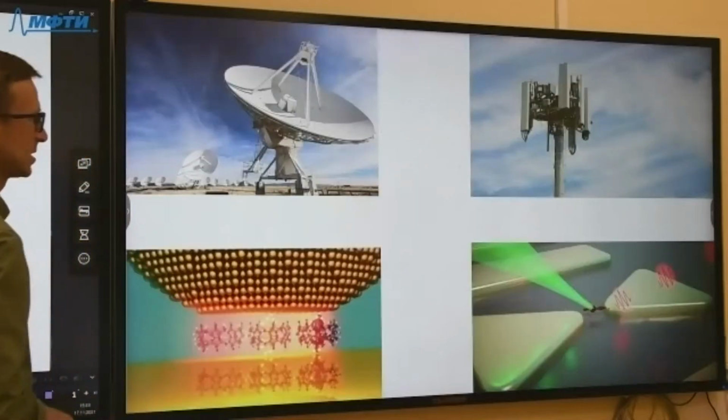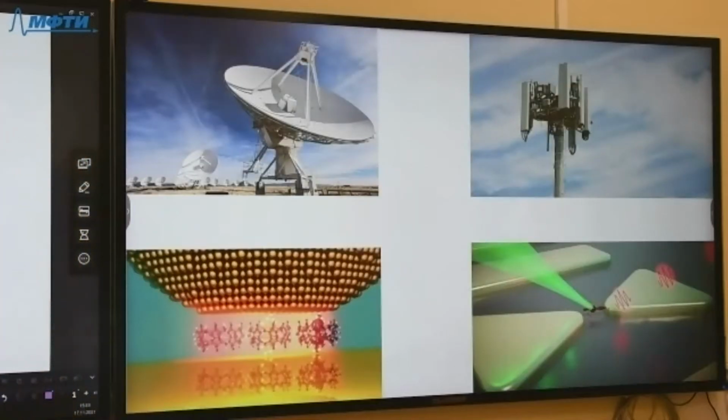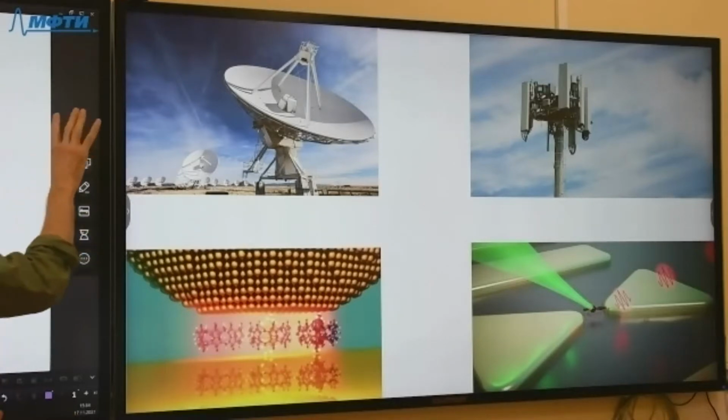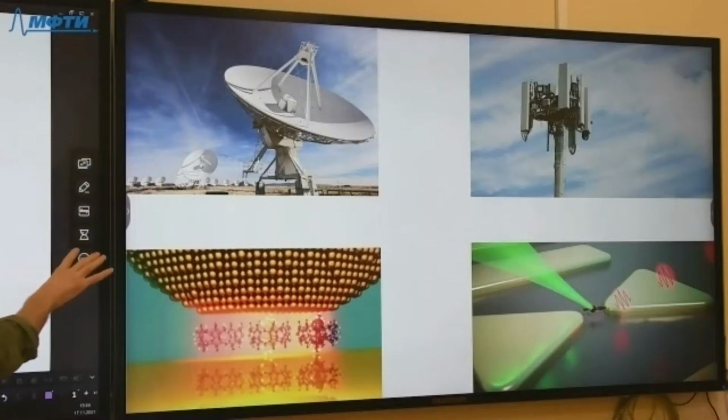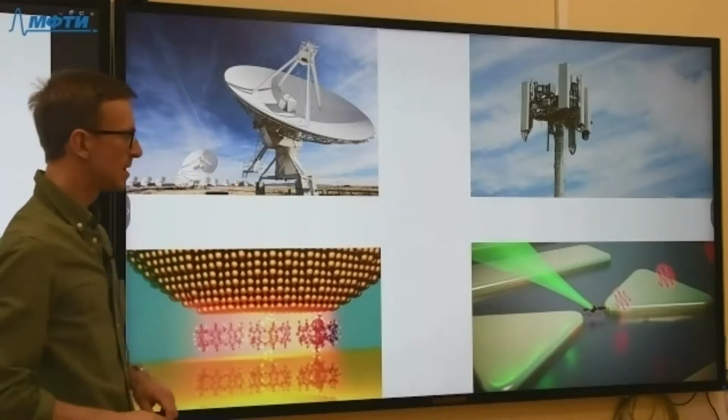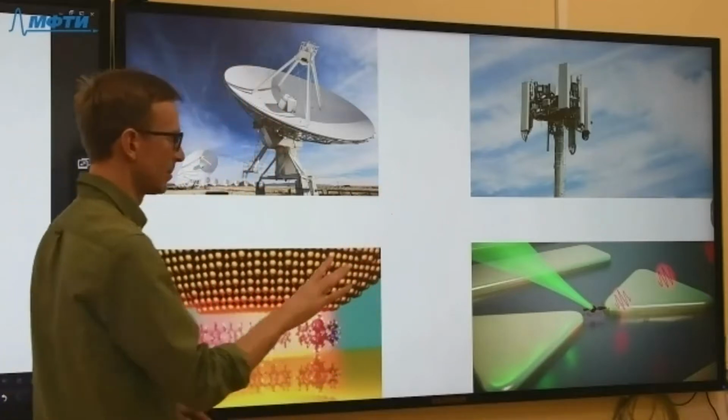So this slide summarizes the class of problems that we're going to be studying in the next 3 classes. This problem covers a broad spectrum of structures and applied problems, ranging from emission created by radars and 5G cellular towers, down to really microscopic systems involving some organic or inorganic molecules emitting light in the plasmonic gaps between plasmonic particles, and even single molecules or single atoms positioned in a tiny nanogap between plasmonic antennas.